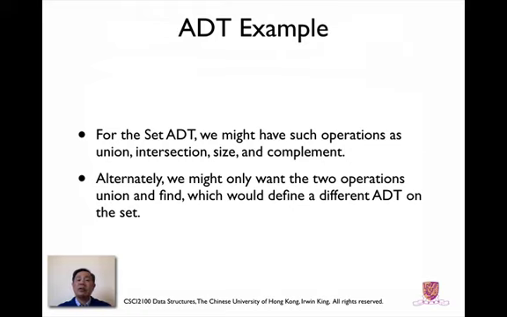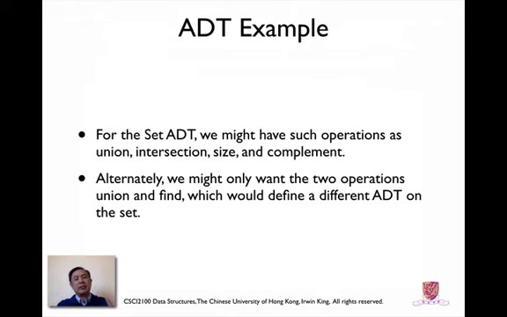For example, if we have an abstract data type called set, we may have such operations as union, intersection, size, and complement of that particular set. Here again, we have the specification. But how this is implemented really depends on the programmer.